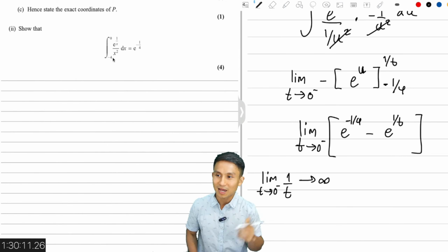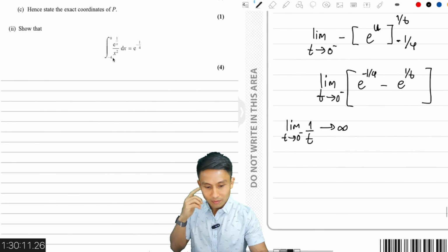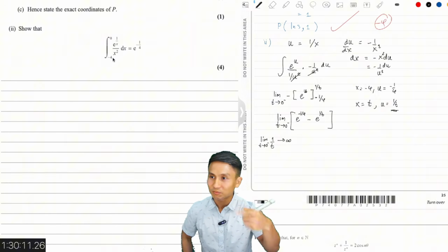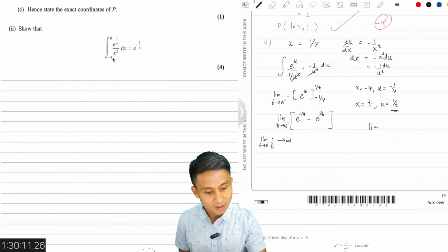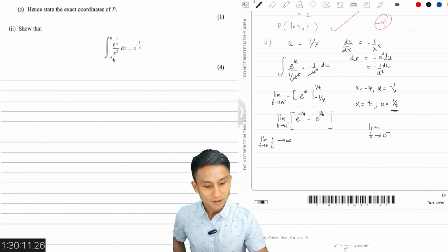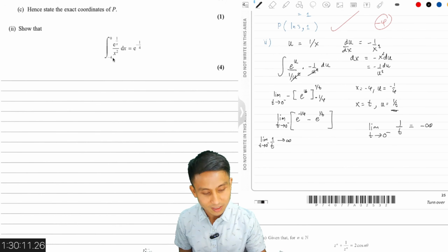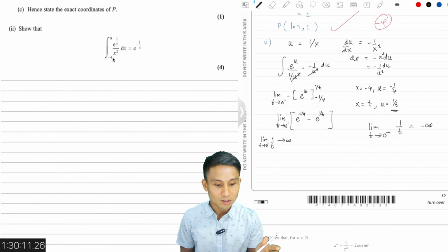So it's going from negative infinity to 0 of 1 over t, and this is going to be equal to minus infinity, because you're approaching from negative numbers.